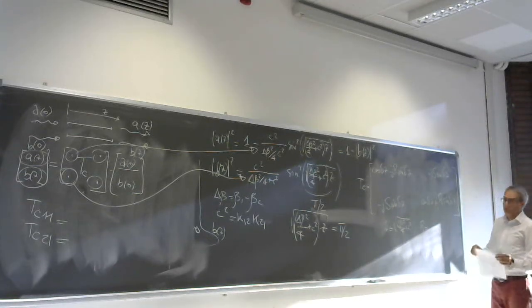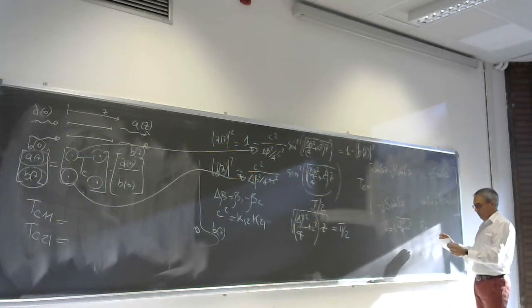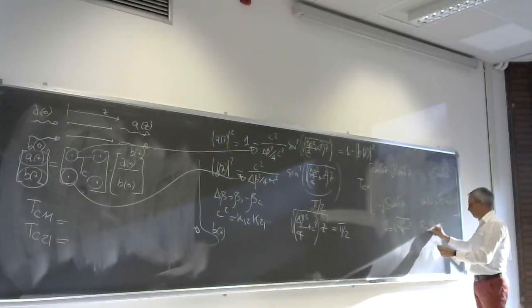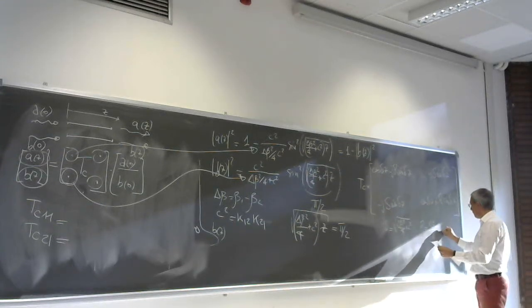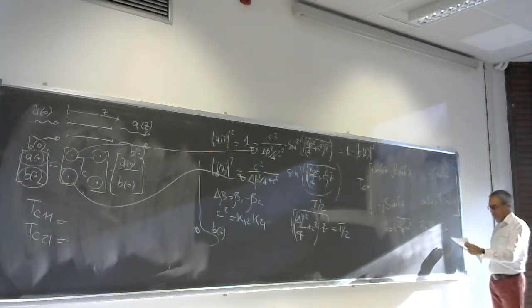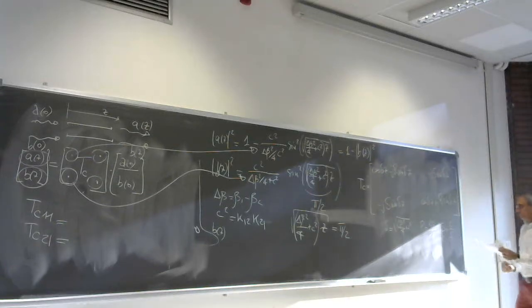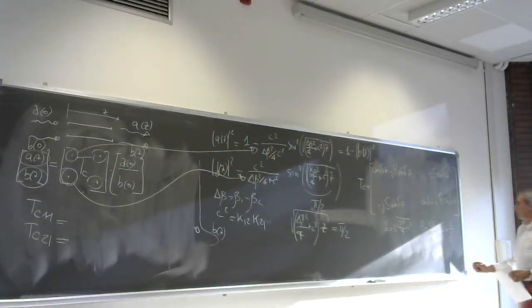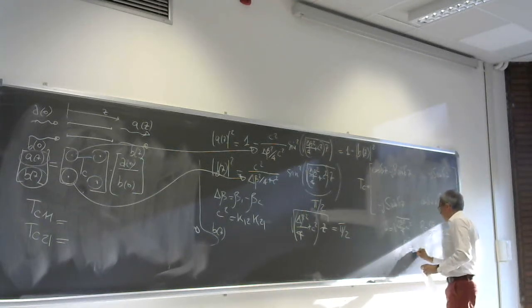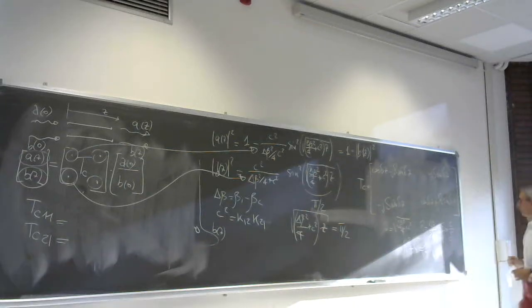Don't write on your notes, everything is written here. R is delta beta divided by 2 delta, S is C over delta, and I think that's all. Delta beta is already defined, C is already defined, and we have this relation because the power is conserved, and that's all.